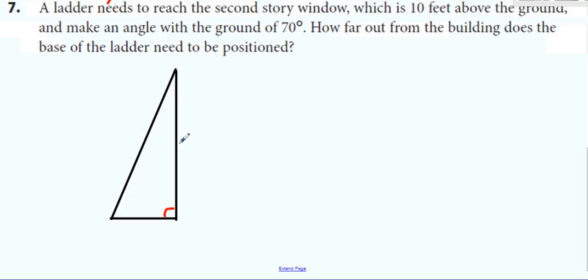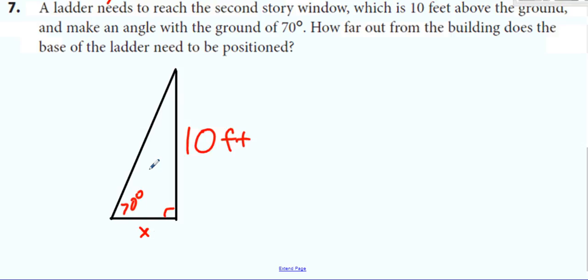It says the window is 10 feet above the ground, so that's 10 feet. And it has to make an angle of 70 degrees with the ground. So there's the ladder and the ground, 70 degrees. How far out from the building? That would be this length right here, from the building to the base of the ladder. So we'll call that x.